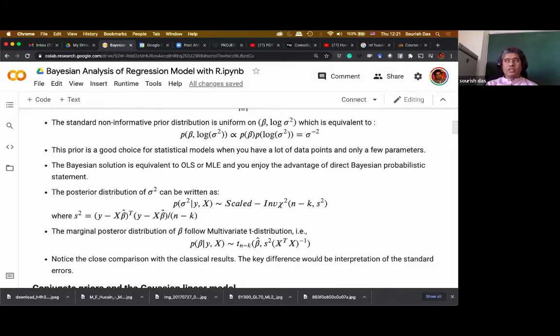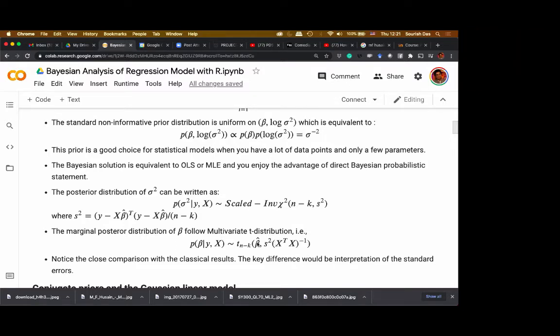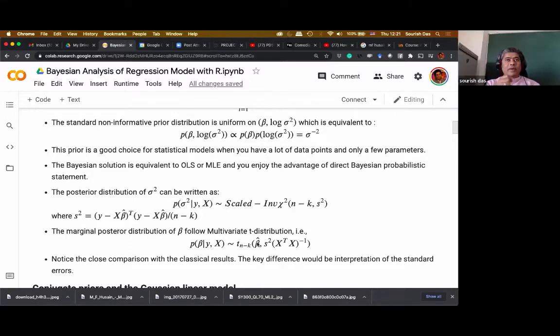How close it is depends on how the covariance matrix S square x transpose x inverse behaves. So beta hat behaves as an anchor, and the true value of beta is somewhere in that neighborhood around beta hat. How far it can go from beta hat will depend on S square x transpose x inverse.